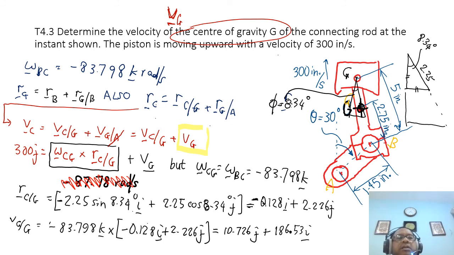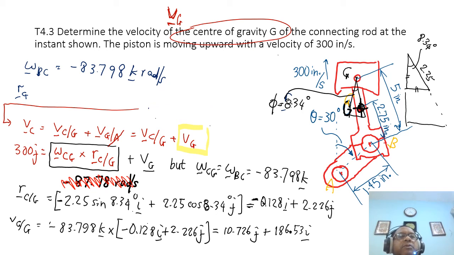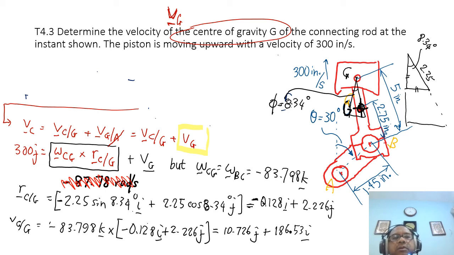So now we can rewrite the equation again. I'm going to use the top part here. We know what VC is.